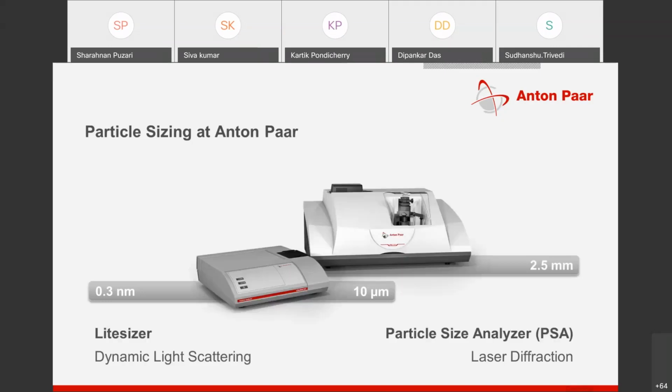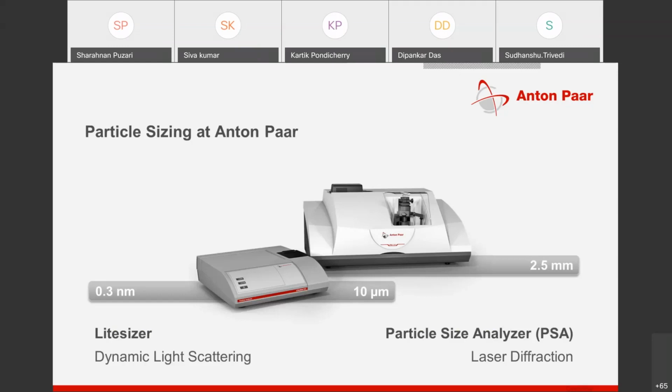So these are the systems, how they look. Laser diffraction is basically from nanoparticles to coarser particles. And there's another system, the dynamic light scattering system, which is purely for the nano range.